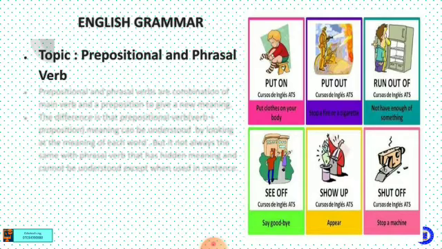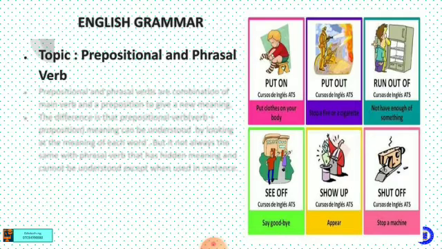Now, preposition can be used to show direction, or location of a noun or a pronoun. We use preposition to show direction or position or location of a noun or a pronoun.